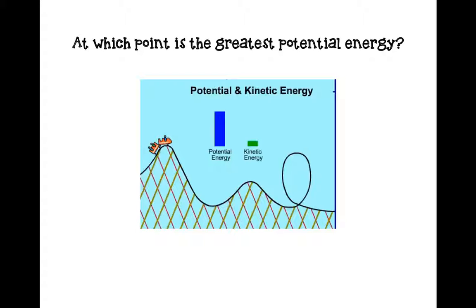Next, I want you to locate the point at which there was greatest potential energy. At which point does the roller coaster possess the greatest potential energy? Remember, in the graph shown, potential energy is graphed in blue. Is it location 1, location 2, or location 3?